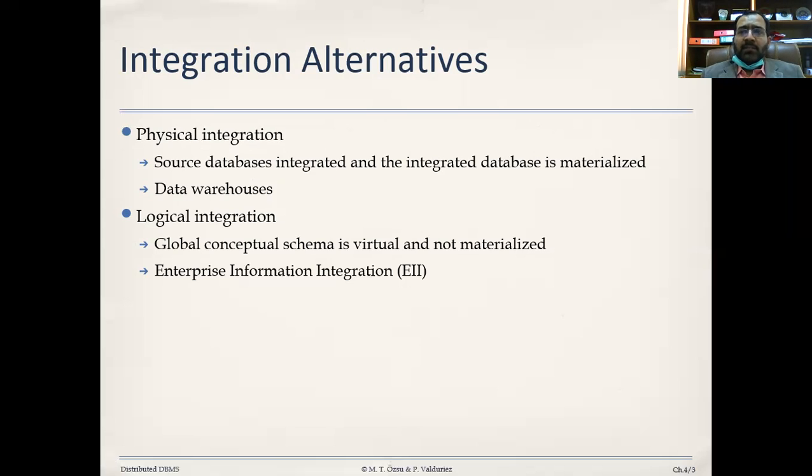The GCS is not a physical entity, because if it were physical, then we would not be talking about a distributed mechanism. It would become a centralized mechanism again. Here it is a distributed mechanism. So the GCS is there, but it is virtual in nature. It is not physical. How did it emerge? It emerged with the help of the integration strategy we have.